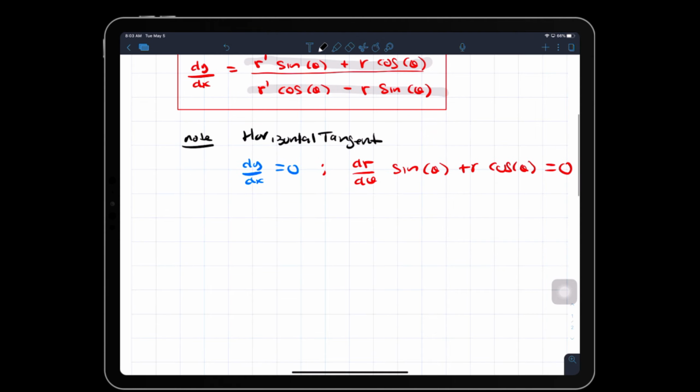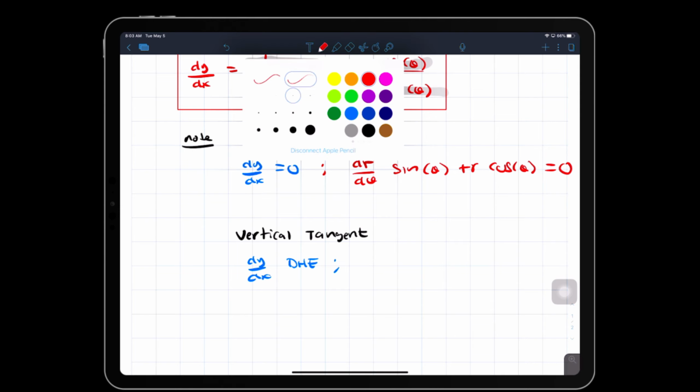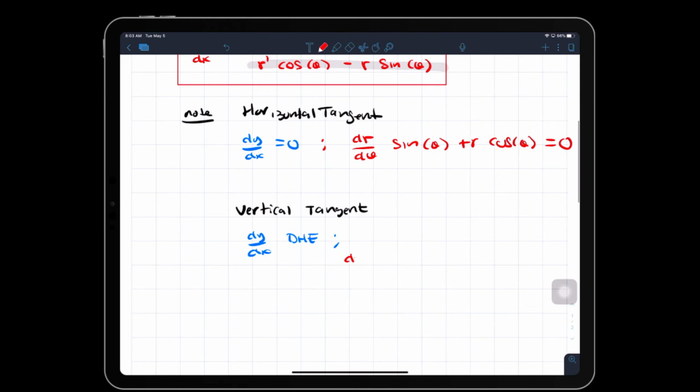Okay, so you have this definition, and then you say, well, what about the vertical tangents? You guys know about vertical tangents here. It's the opposite. That's when that derivative dy dx does not exist, right? Or is undefined. And that's when the denominator is 0. So you can say, is that when dr d theta cosine theta minus r sine theta is 0? And the answer is yes.